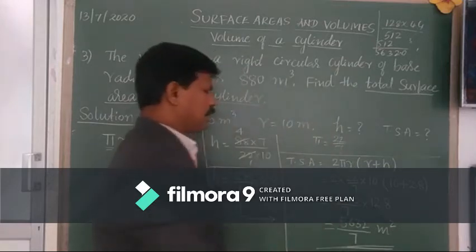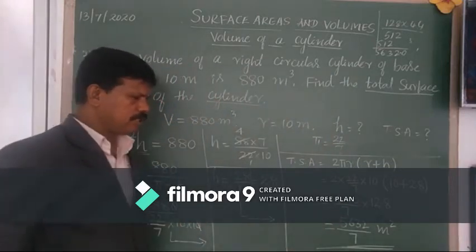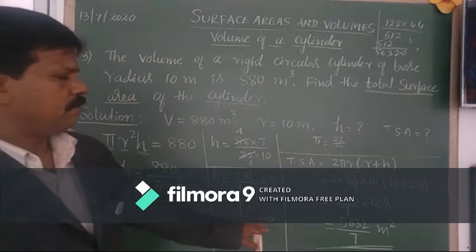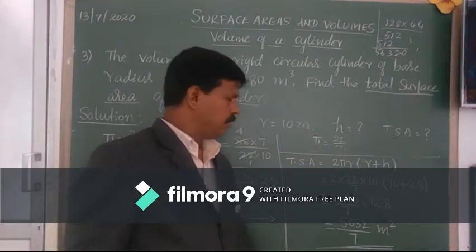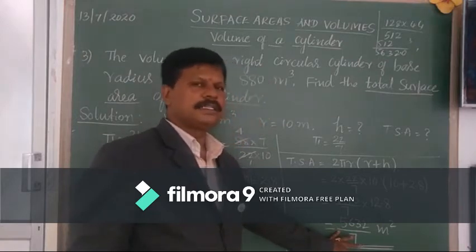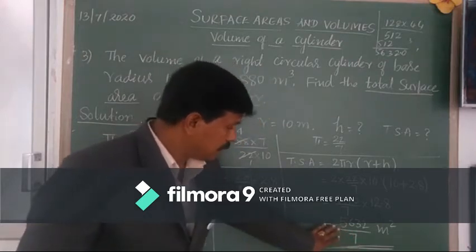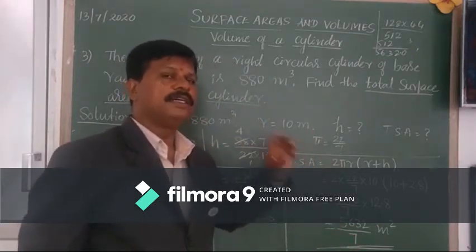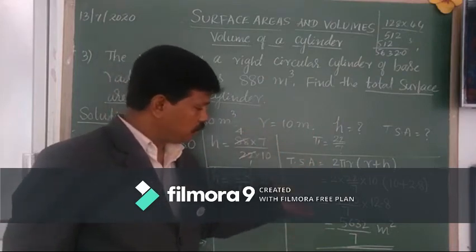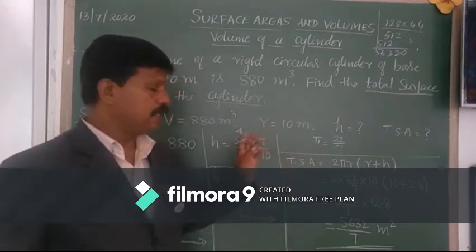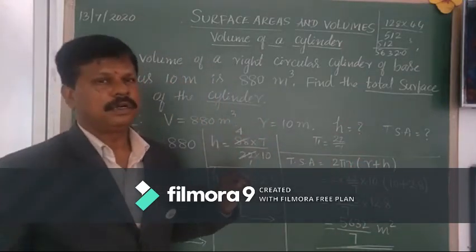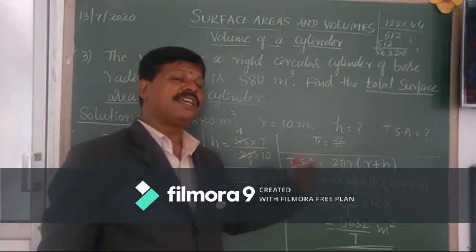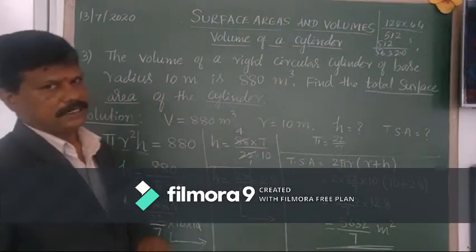If you want, keep it or divide 5632 by 7 and keep the answer in decimal form. Nothing wrong, right? Or you should keep it like this. See, why am I saying this? If you have a doubt in the multiple choice, see the question, see the choices, whether they are given in the decimal form or in the fraction form. Based on that, we should keep the answer, right?